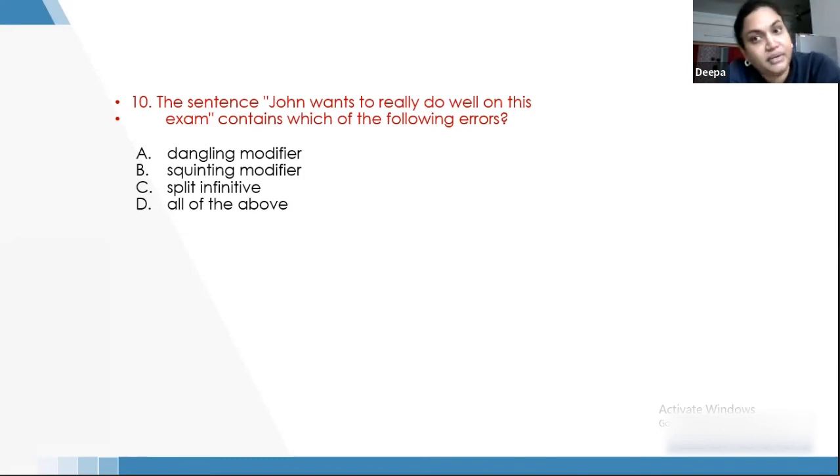What is an infinitive word? Infinitive verb is where we use the verb with the to form. To do is basically an infinitive verb, and here the to do is split by a word, the adverb really. So that is why it is a split infinitive. John wants to really do well on this exam, or John wants to do really well on this exam, makes sense.